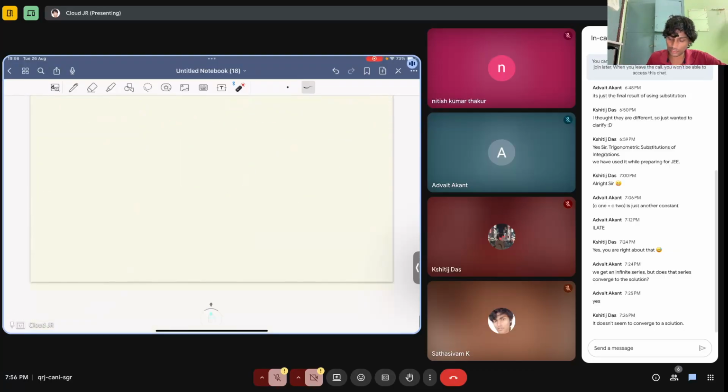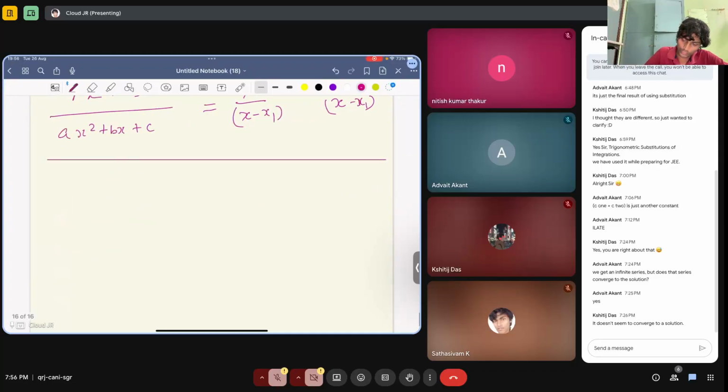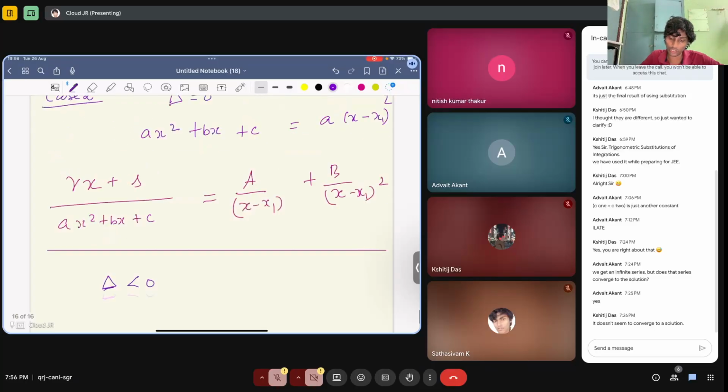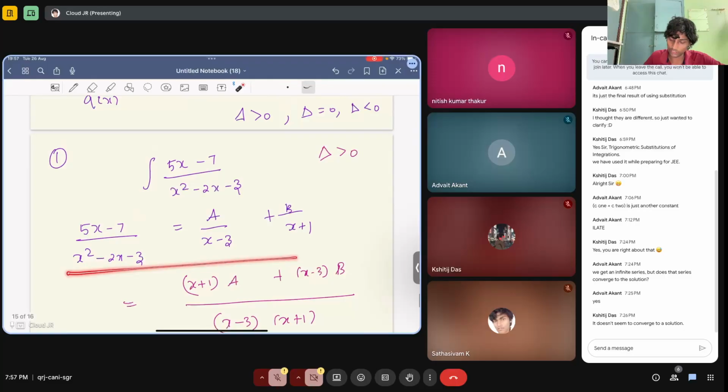But when the discriminant is less than 0, then what happens? Then you will not get any real roots, right? When you don't have real roots, you cannot do the partial fraction, right?